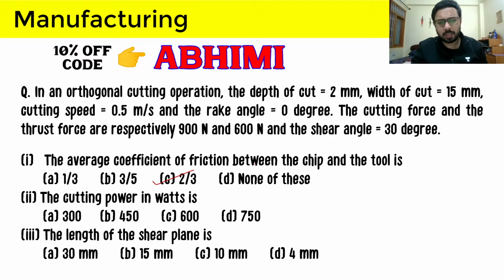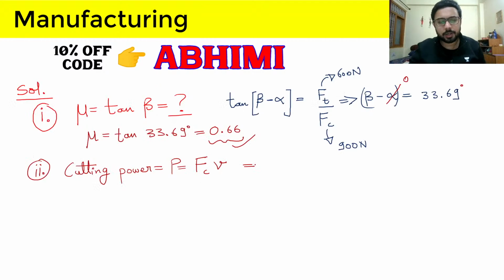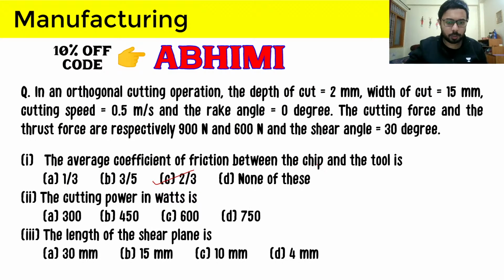Cutting speed is given in the question as 0.5, cutting force as 900. So 0.5 into 900 will simply come out as 450, and this will be in watts. So 450 watts is the correct answer, and again very easy.